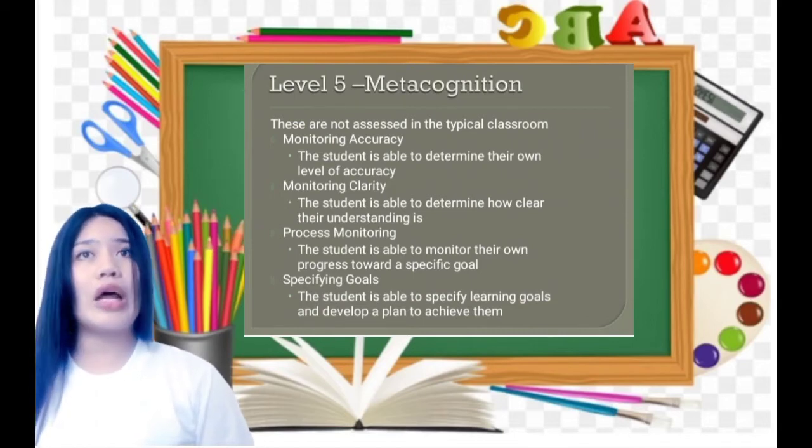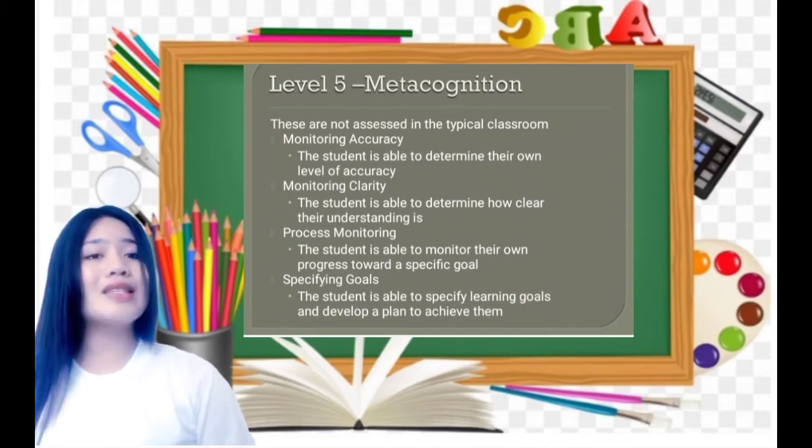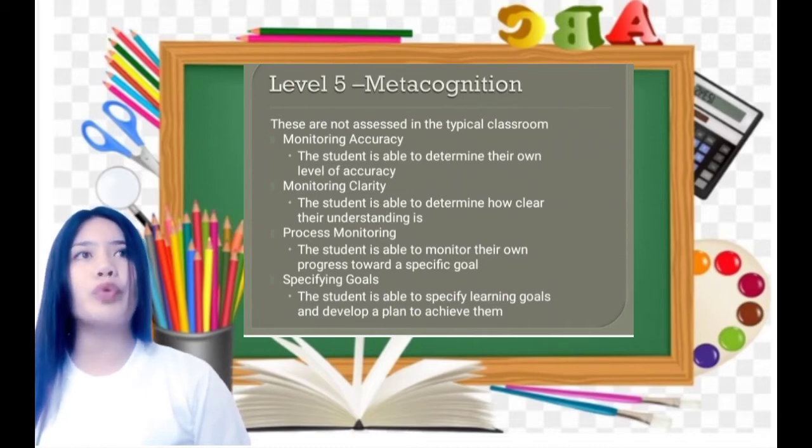In monitoring clarity, the student is able to determine how clear their understanding is. In process monitoring, the student is able to monitor their own progress toward a specific goal. And lastly, specifying goals, the student is able to specify learning goals and develop a plan to achieve them.